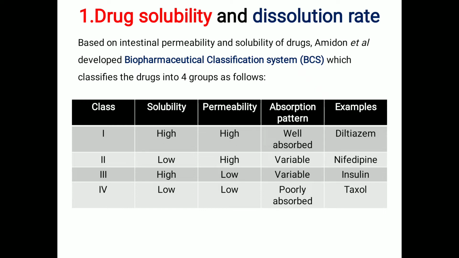While class 2, low solubility, and class 4, low solubility and low permeability, show poor absorption. And that's why class 4 drugs are generally administered by the IV route.